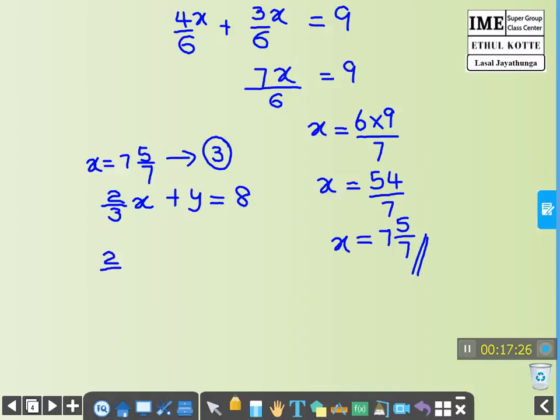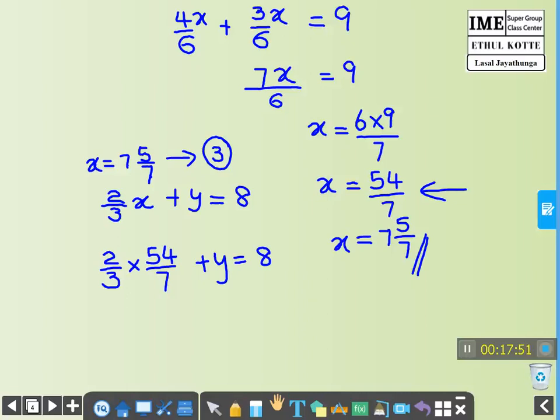So 2 upon 3 multiplied by 7 5 over 7. I will apply it like this. It's easier, apply the improper format. 54 over 7 plus y equals 8.